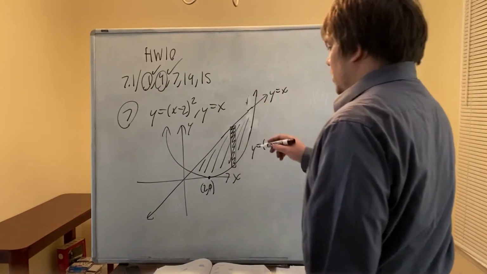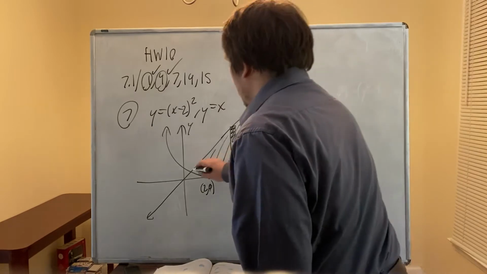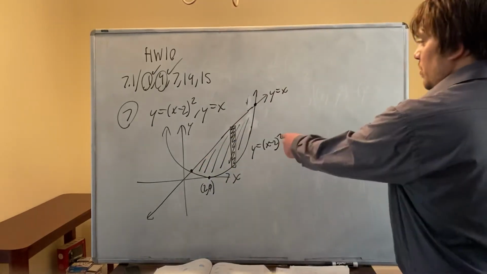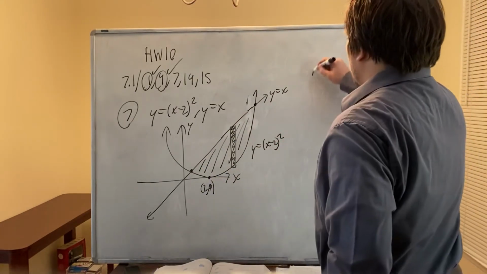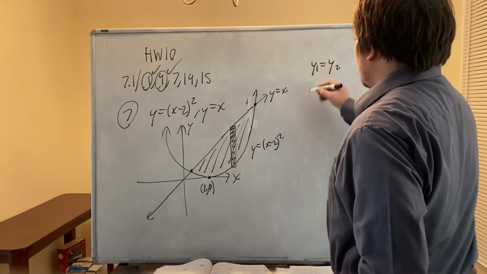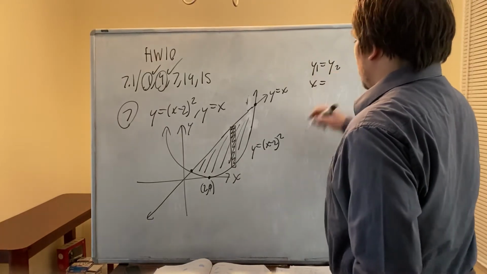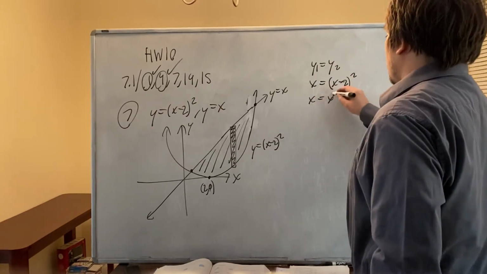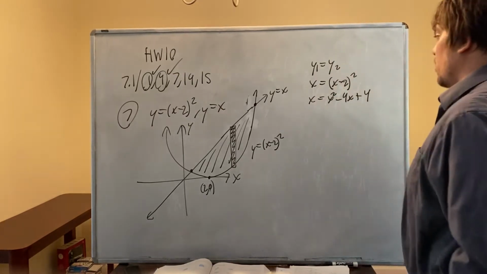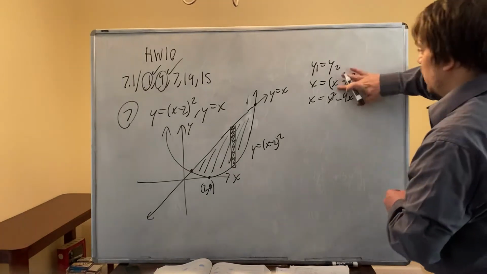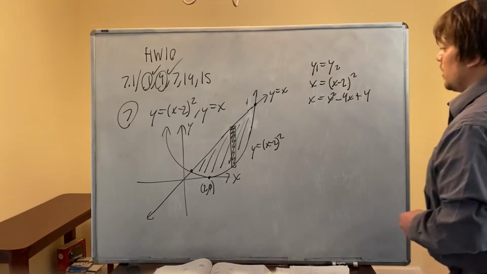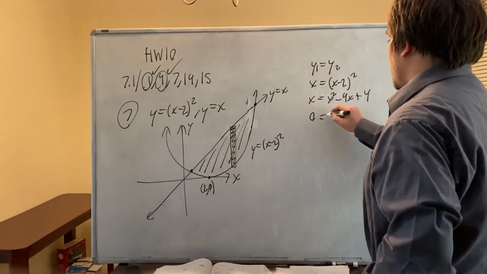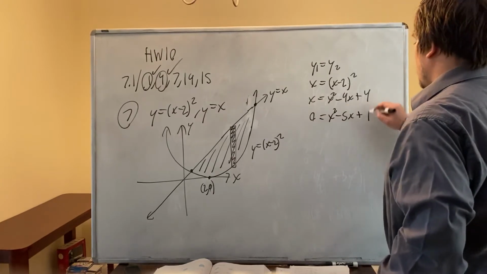The intersection points are where the two y values are the same. So when x equals (x minus 2) squared, that's x equals x squared minus 4x plus 4. Subtract x on both sides, you get x squared minus 5x plus 4.